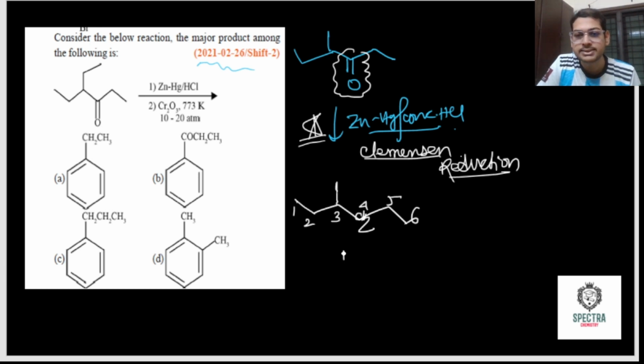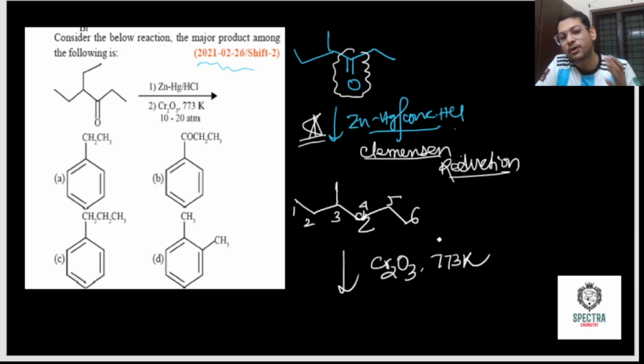Now, this second reaction is actually from class 11. Most of you find class 11 the weakest part, right? But Cr2O3 at 500 degree temperature, this reaction we have to know.